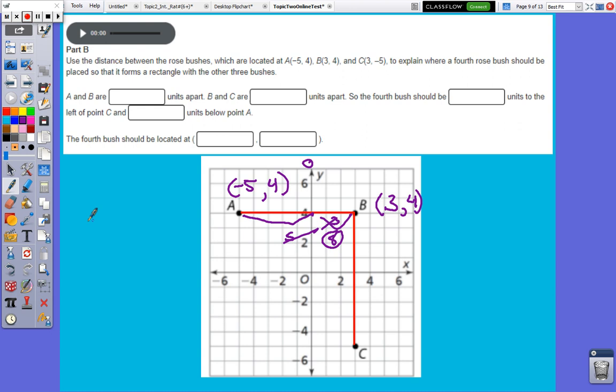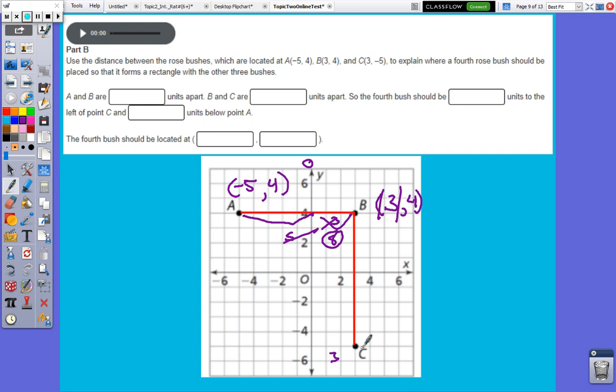So let's go and just draw a line, or think about it. What's 8 units to the left? So if I went from B to A, I'd be going 8 units to the left. So C to D, we will call it, will also be 8 units to the left. So we're going to go 1, 2, 3, because that's our 3, because the absolute value of 3 is 3. We need to go 5 more units, but it's going to be to the negative. What negative integer has an absolute value of 5? -5. Actually, I'm going to be at -5, excuse me.